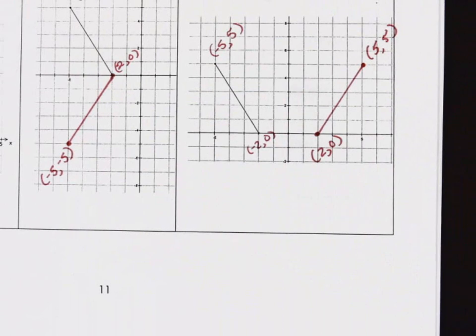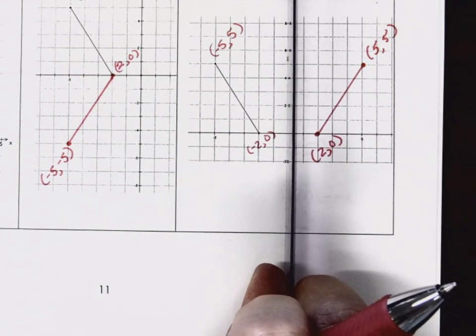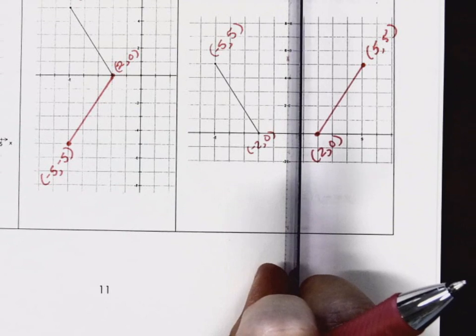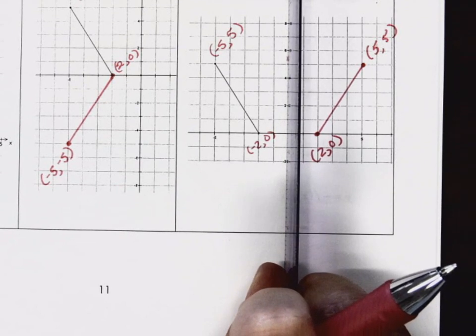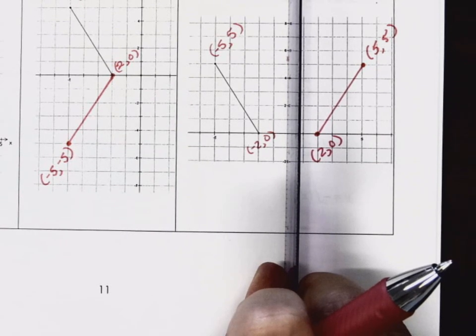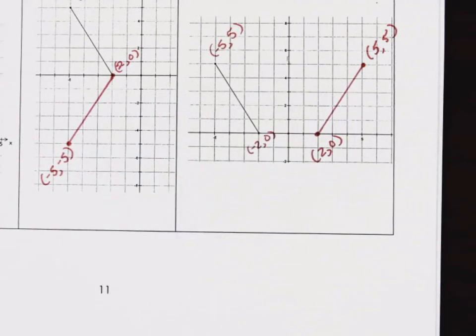And so what you should notice is it's a reflection in the y. If I put that mirror right on the y-axis, they should be the same distance away from the y-axis. It should look just like a reflection. And I know we didn't do reflections in the x-axis last year, but we're doing it this year. Okay, so everything is easy peasy so far.